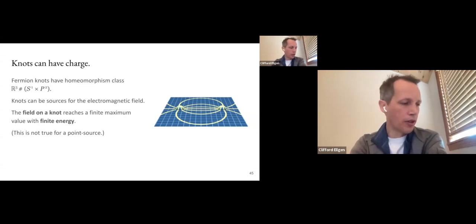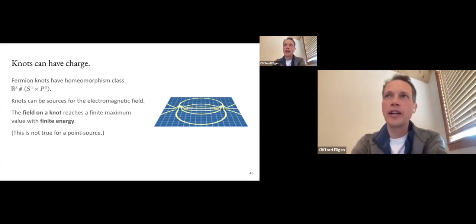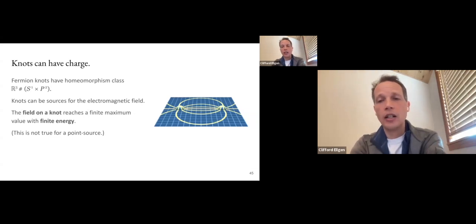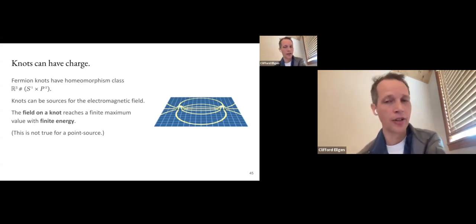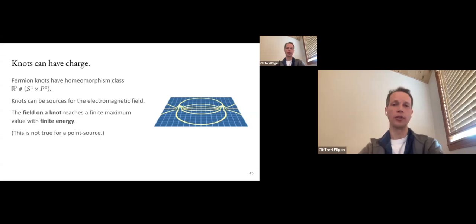If I have a point source, the field gets stronger and stronger as you get closer to the point. If you have a point source for an electromagnetic field, the field runs up to an infinite value. The field becomes infinite at the point, and the field energy at that point is also infinite. However, these knots allow the field to run up to a finite value because these knots have non-trivial topology. The field runs up to a finite maximum, and that finite maximum value has a finite total energy.